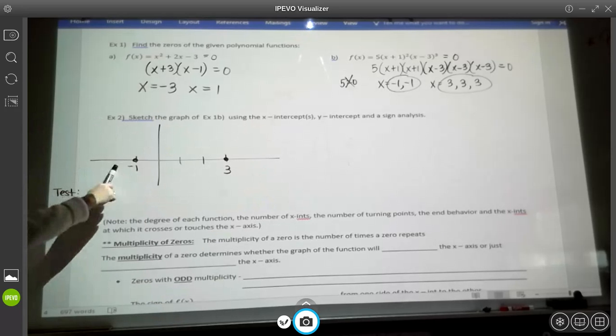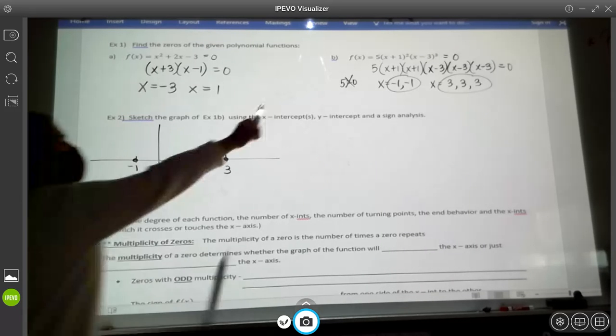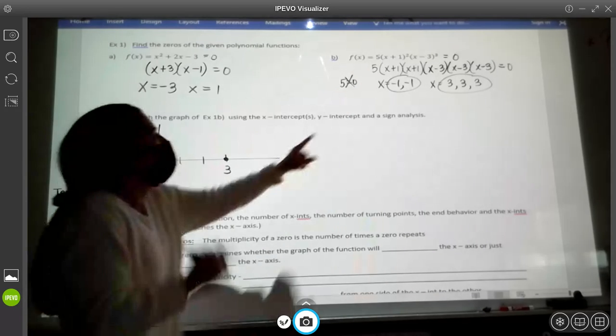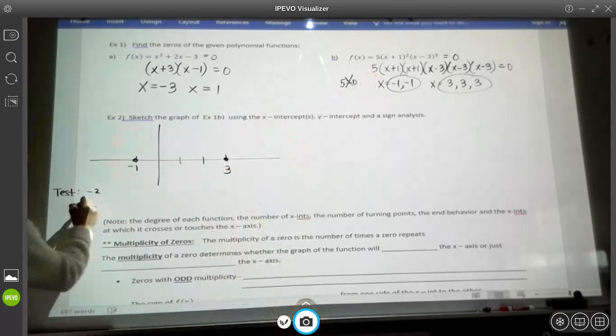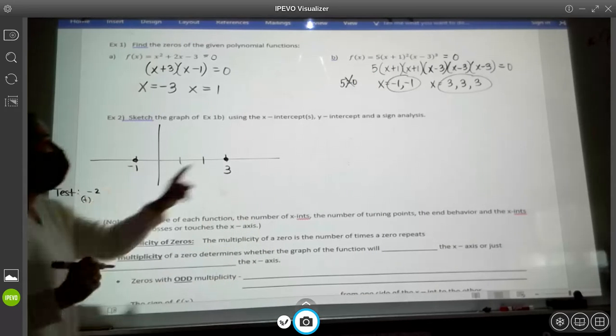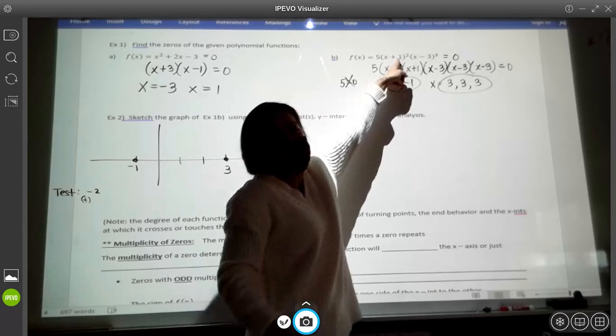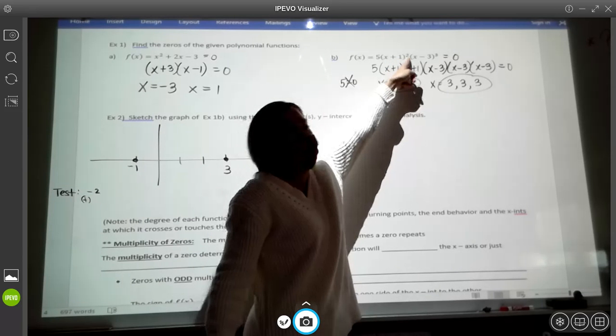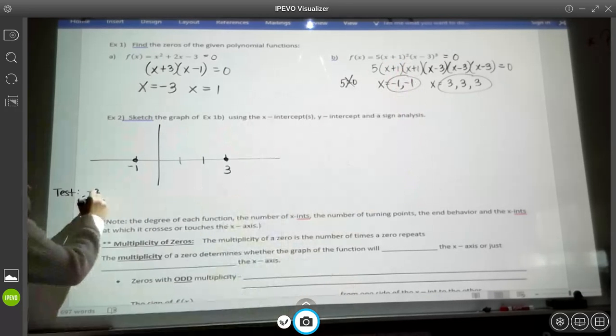So guys, I'm going to pick -2. You can pick any number to the left of -1. If you plug -2 into this polynomial function, that's going to be a +5. -2 plus 1 is negative, but I don't care because I'll be squaring it, so it'll always be positive.